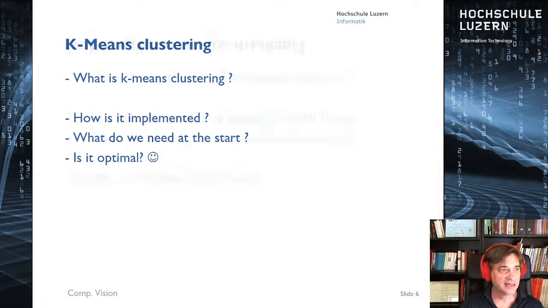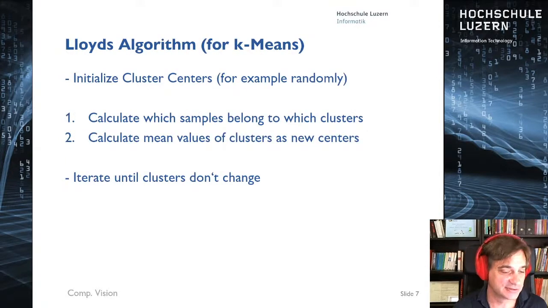How is it implemented? One of the most often applied algorithms for k-means, usually just called the k-means algorithm, is a little bit more correctly called Lloyd's algorithm. How does it work? Iteratively, as has been said. You initialize some cluster centers, for example randomly, and then you do 2 steps. First, you calculate which samples belong to which clusters, and then you calculate the mean values of those clusters, and those mean values become the new cluster centers.